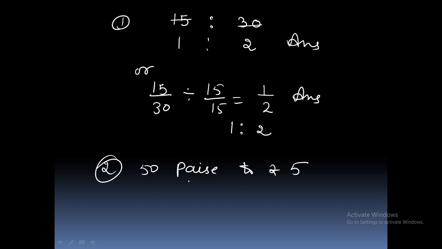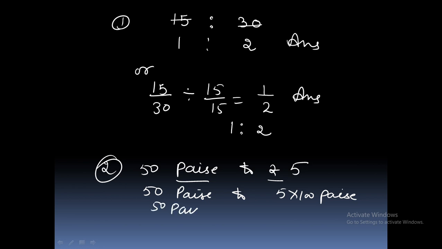Now here the units are not equal, so first of all you have to make the units equal. 5 rupees is 5 multiplied by 100 paise, because 1 rupee is equal to 100 paise, and in 5 rupees we will get 500 paise after multiplying 5 by 100. Now the units will be the same.